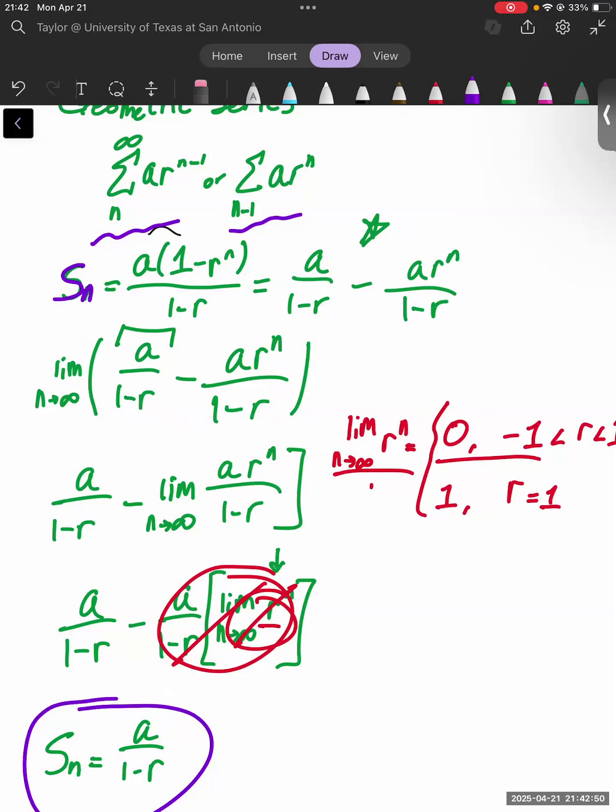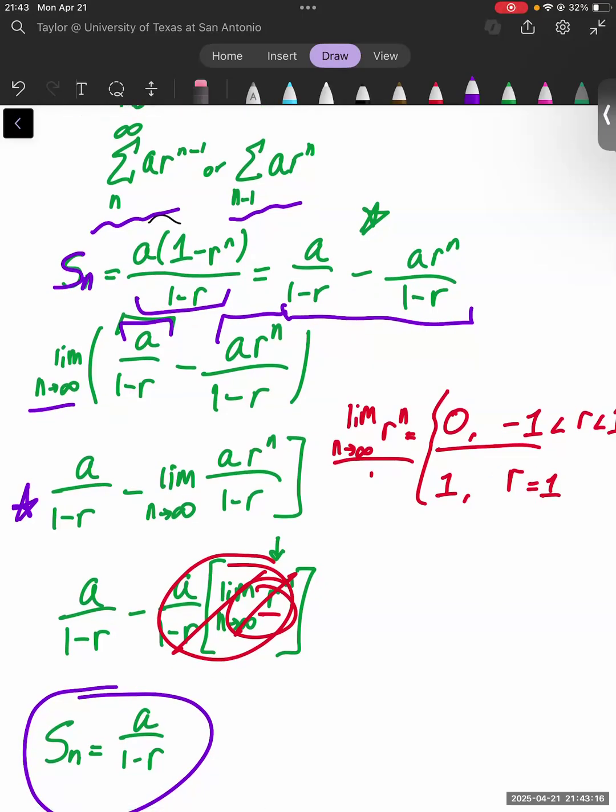So if I take a and distribute it, and then separate the denominator here, what I'm left with is a sequence. If I take the limit of this sequence as n approaches infinity, we see there's no n term in this case. There is an n term in this case, so I'm going to rewrite it here. And one more step, I see that we have a little bit of multiplication here, so I can break this up as the limit as n approaches infinity of r to the n.